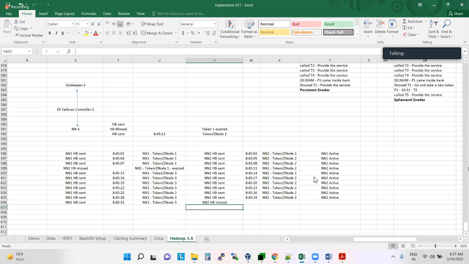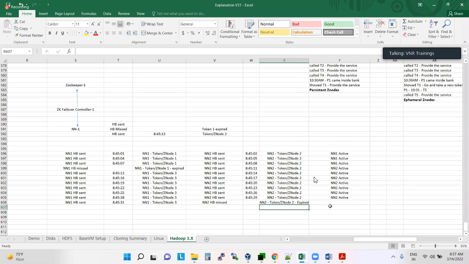Heartbeat is missed. Okay, then what will happen? This is expired. Yes or no? When it is expired, which one will become active? At this stage, NN1 will become active.